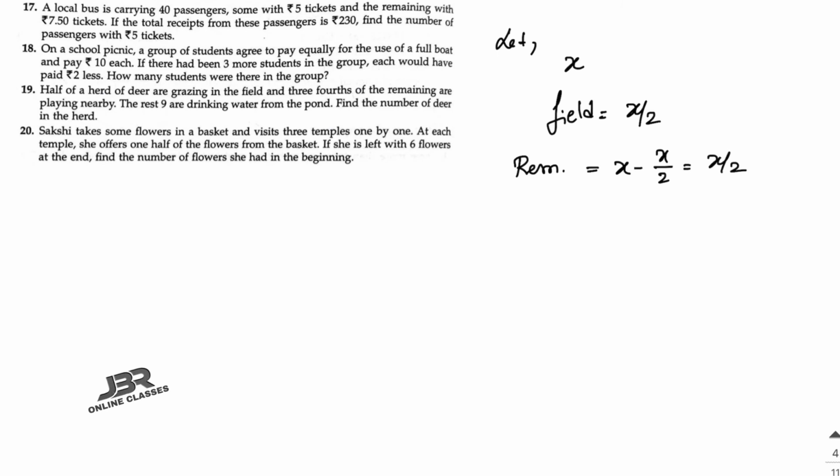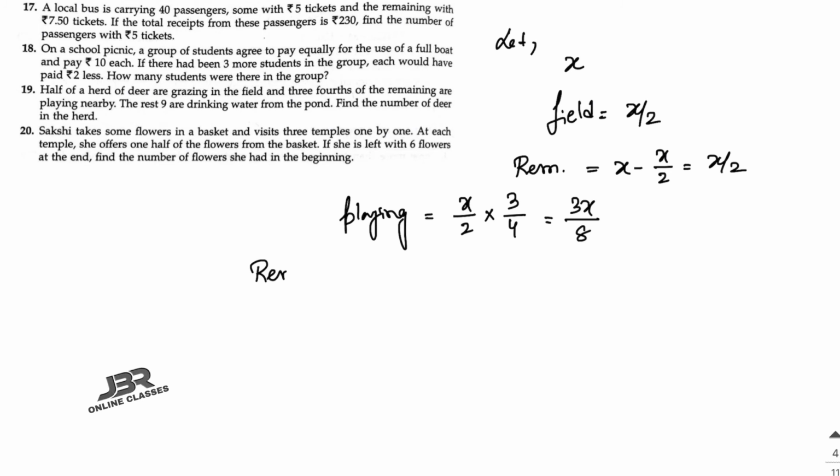Clear? Next, 3/4 of the remaining are playing nearby. So the number of deer playing nearby is x by 2 into 3/4. 3/4 means 3 by 4, so that equals 3x by 8. Now the rest 9 are drinking.